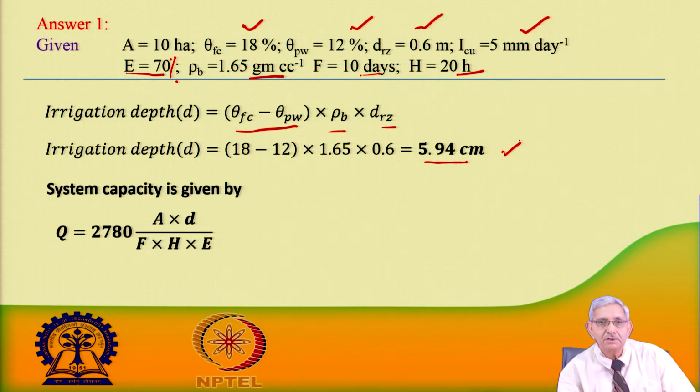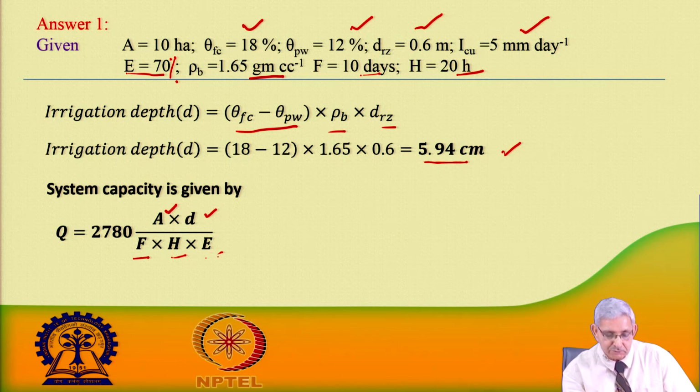So, system capacity, if we are expressing in liter per second, then area is 10 hectare, the depth of water to be given is 5.94 centimeter, f is 10 days, h is 20 hours, and then E is 70%.